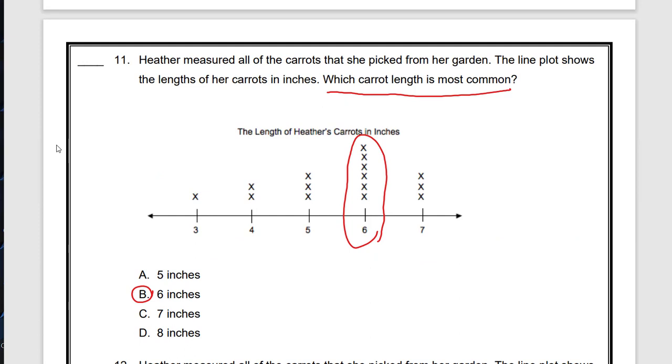Okay, Ala? So we have here a difference between the questions. This one is most common. Most common means most repeated. It has more number of dots. So the most common has more dots or more points.